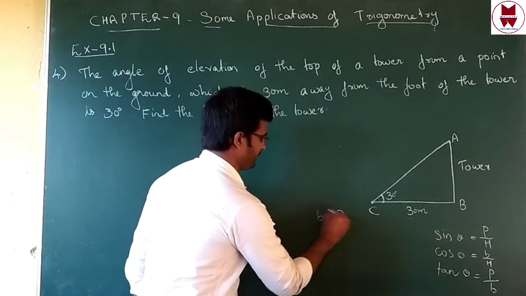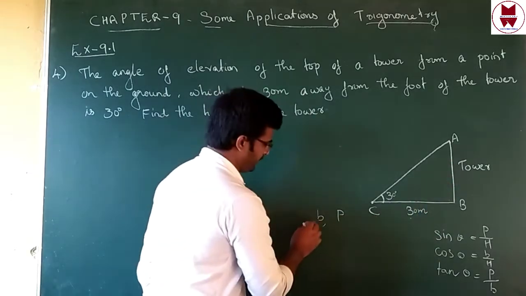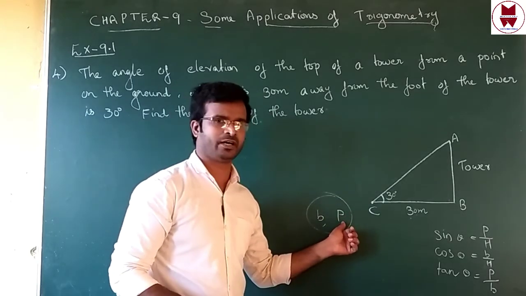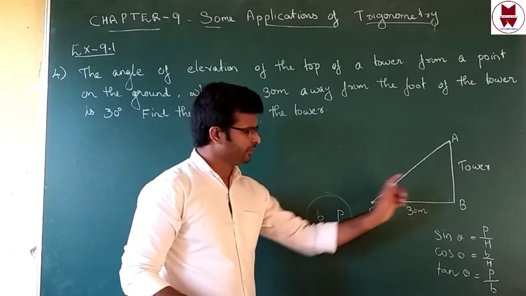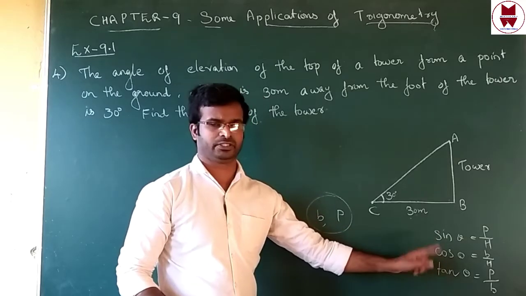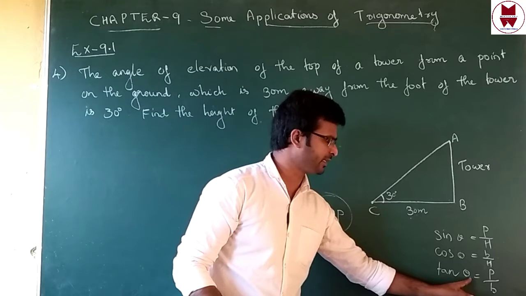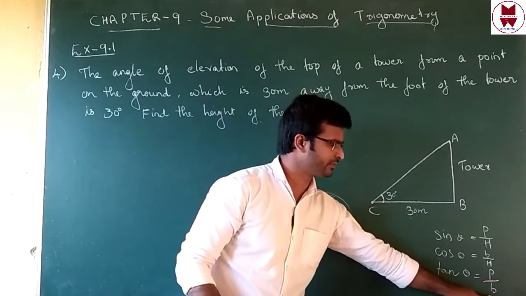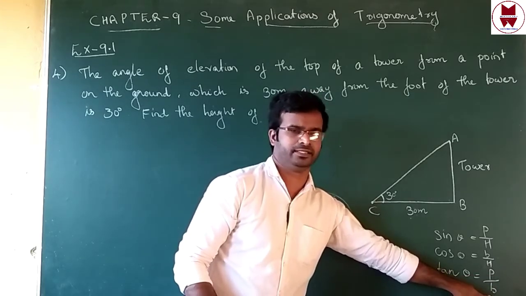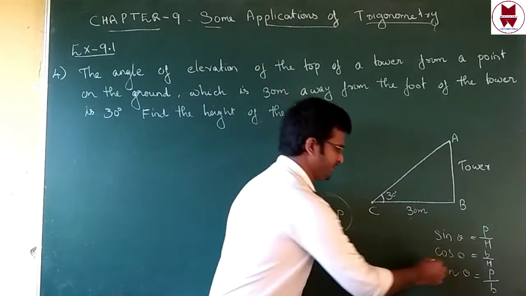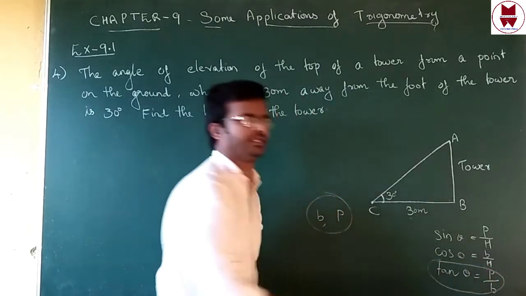Base is already given, perpendicular we have to find out. That time, which ratio will we use? That is base and perpendicular. You can see tan theta is perpendicular divided by base, isn't it? That means in this question we will use tan.